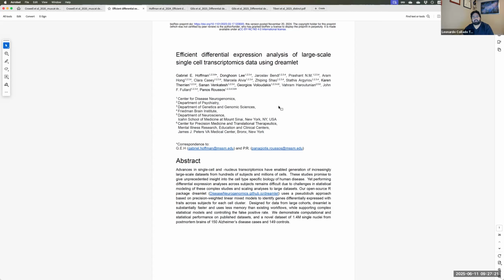That's a scRNA-seq data set where the data was generated from different brain repositories, so they had to deal with large batch effects. And then Gabriel Hoffman has been working on how to minimize those batch effects, how to actually model that appropriately. So that's the background for a lot of the work that they've done.